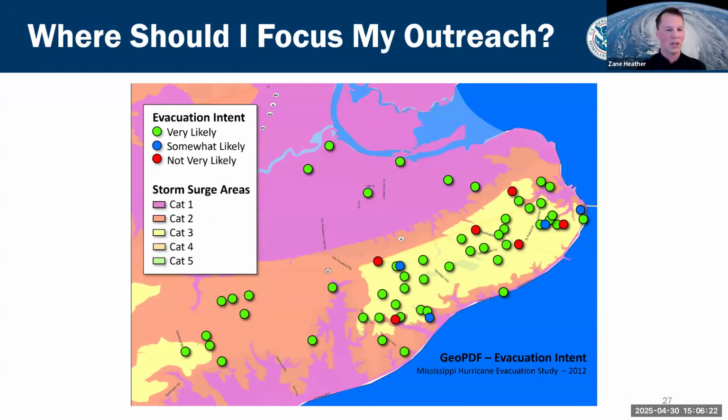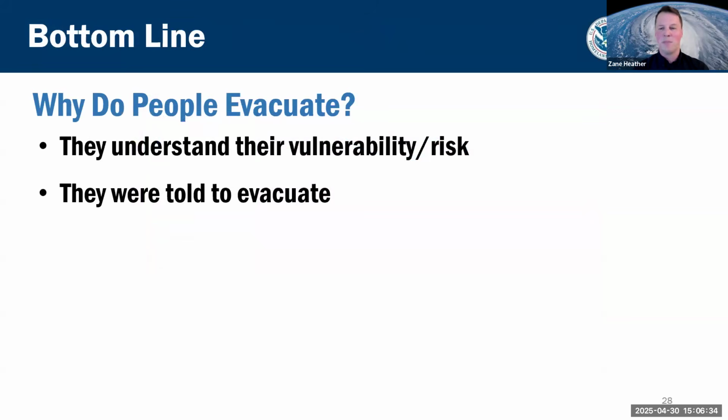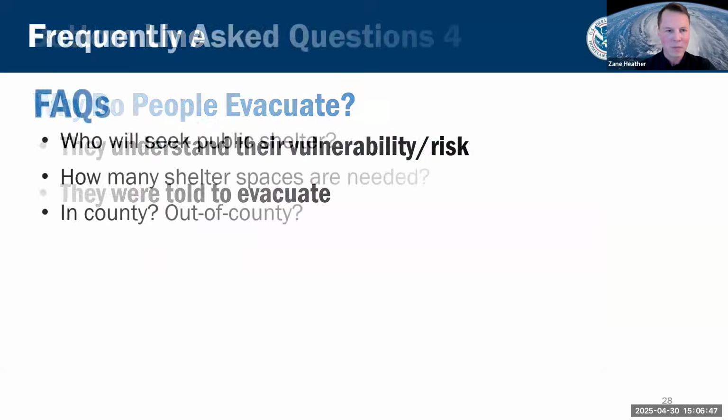And so using this information, you as emergency managers can help target public awareness and outreach campaigns to make sure that there's a good understanding in your jurisdictions of the risk posed by tropical cyclones and what to do if one were threatening. All right, so the bottom line, the key takeaway from the behavioral analysis and what we've seen through our survey data is people typically evacuate because they understand their vulnerability and the risk, and they were told via mandatory evacuation orders to evacuate.